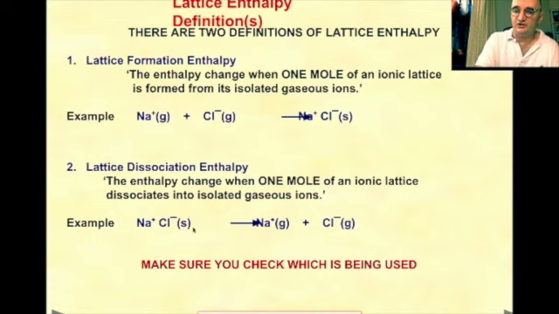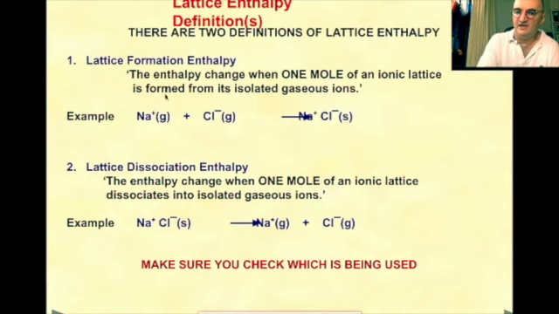You can also go, as well as from the gaseous ions to the giant ionic lattice solid, you can begin with the solid and end up with the gaseous ions. Now, this is bond breaking, so Na+Cl-, we are breaking the bond between Na+ and Cl- ions, and we are forming the gaseous ions at infinite separation.